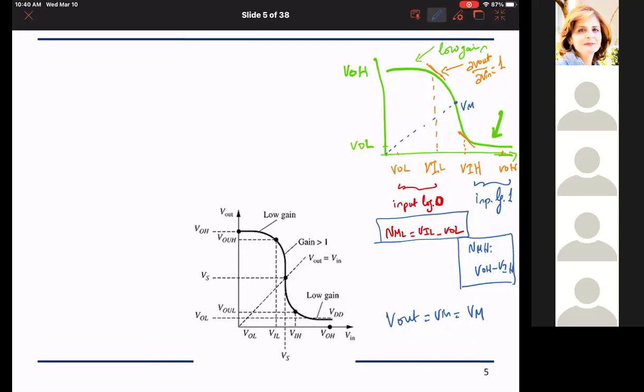If it is biased, meaning if the transfer function favors output low, then the V out equals Vin point will be lower. If my circuit favors output high, then it will be higher.